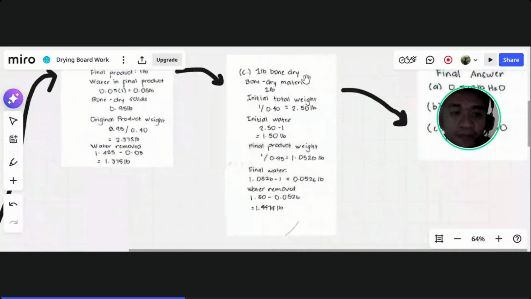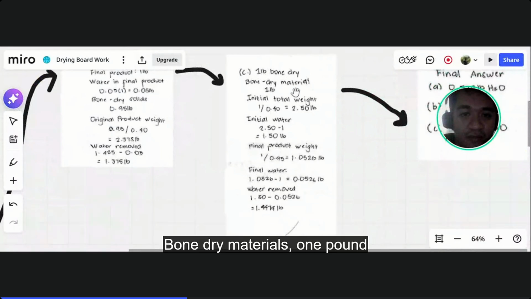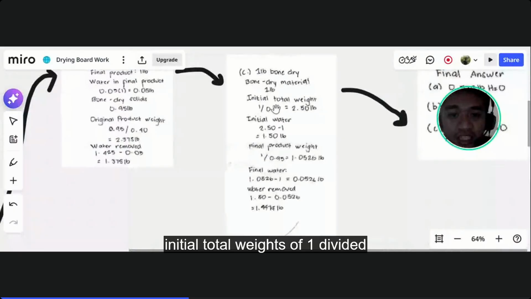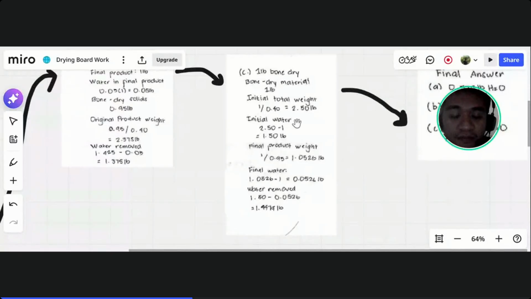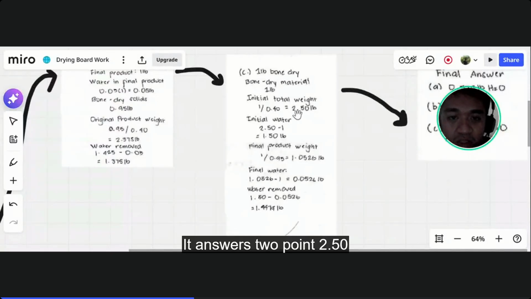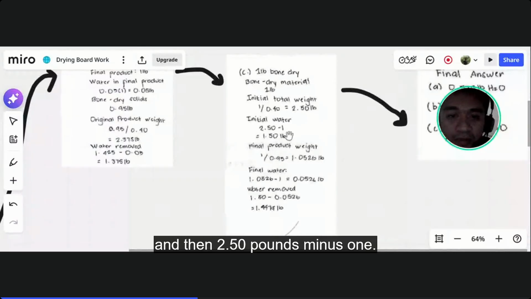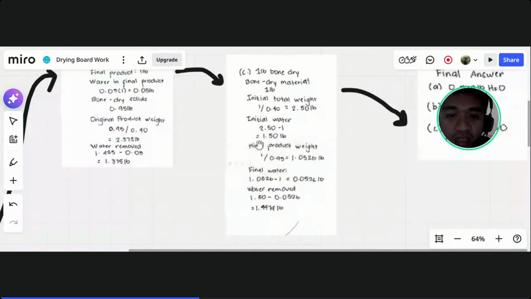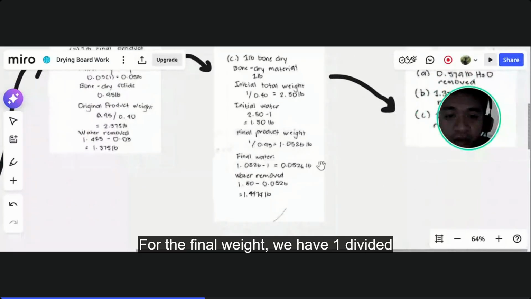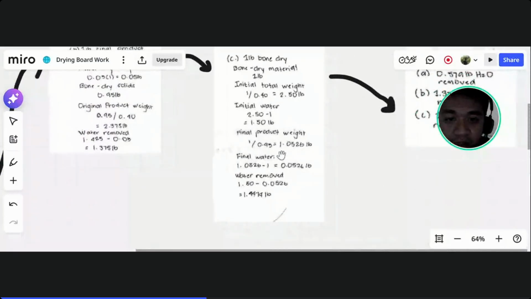For part C, the bone dry material is 1 pound. Initial total weight is 1 divided by 0.40, which answers 2.50 pounds. Then 2.50 pounds minus 1 is equal to 1.50. For the final weight, we have 1 divided by 0.95, so we answer 1.0526 pounds.